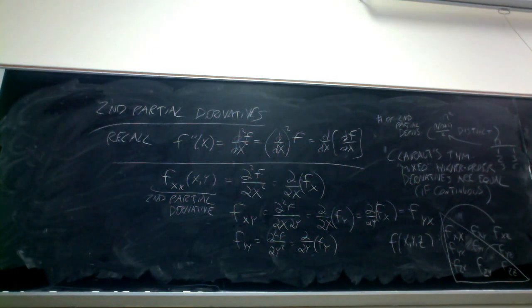Negative 1 over x plus y squared, the whole thing squared. And then because we're differentiating with respect to x, you then take the derivative of the inside, but that's still going to be just 1.